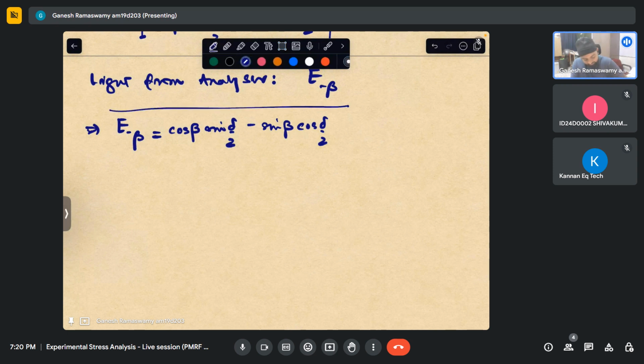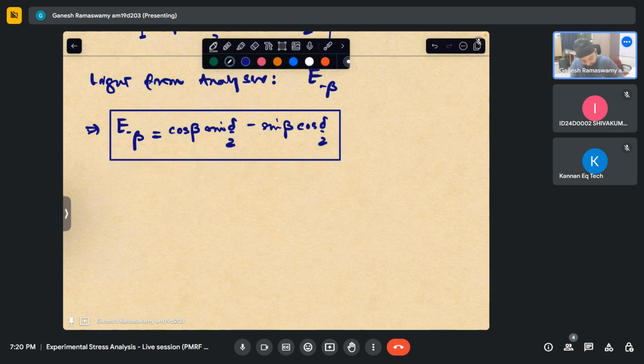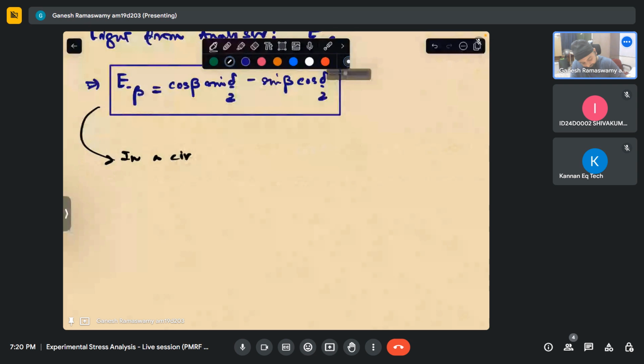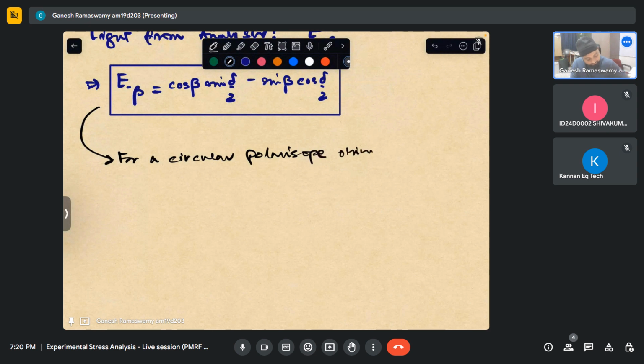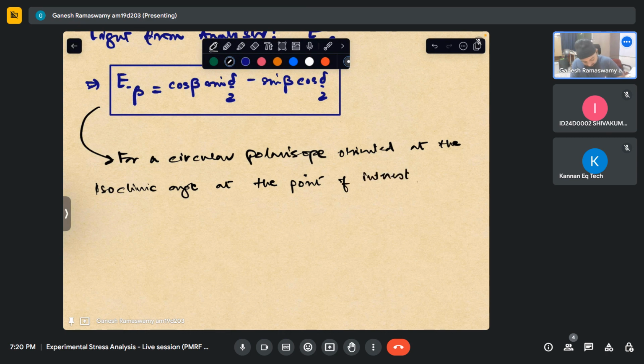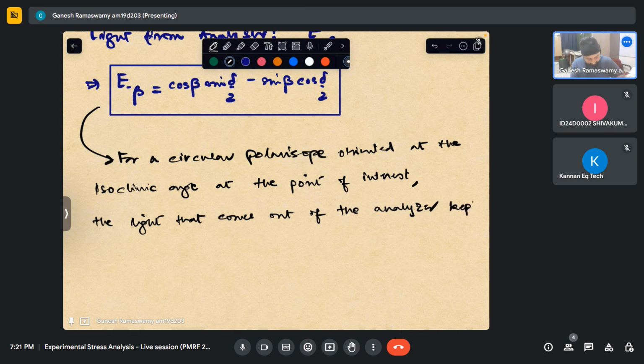What this entire thing implies is, in a circular polariscope oriented at the isoclinic angle at the point of interest, the light that comes out of the analyzer kept at beta from the datum.